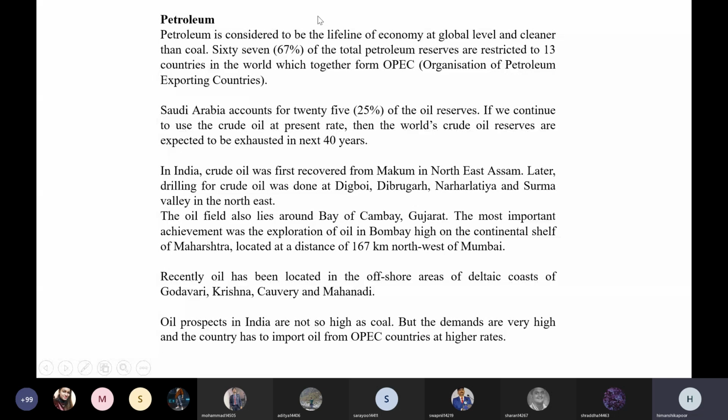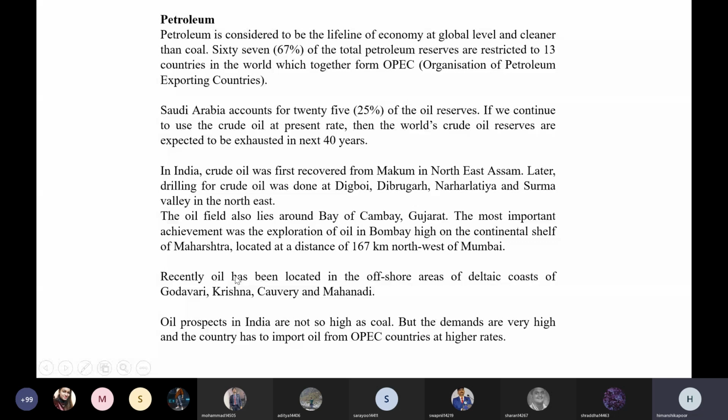Coming to the Indian scenario, in India crude oil was first recovered in the northeast, in Assam, and later on it was found in the valley of the northeast. We also have some oil fields in Gujarat and in Mumbai.